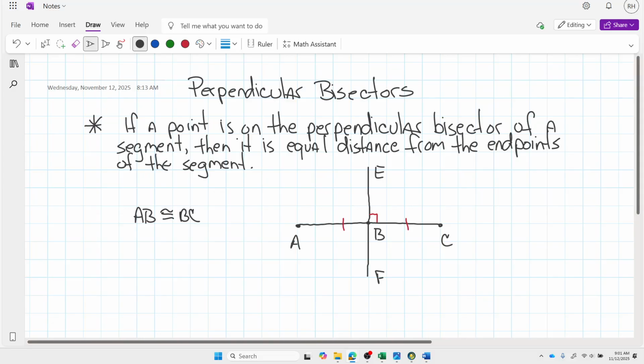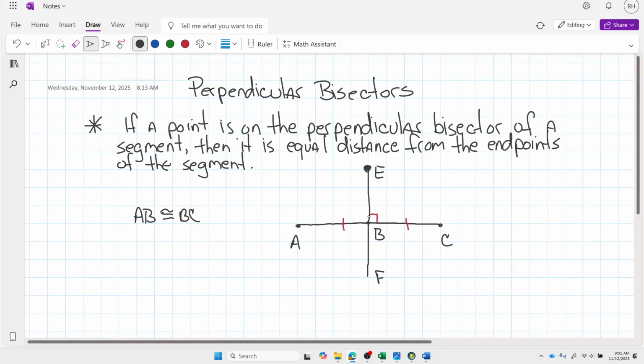What the theorem says is that any point on EF, so if I put a point up here at E, that E to A is the same distance as E to C. Okay?